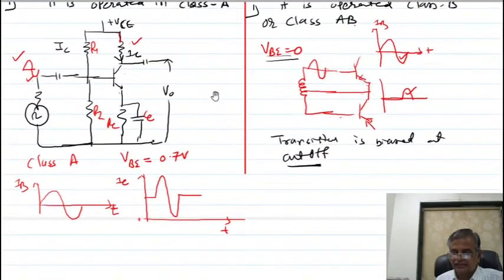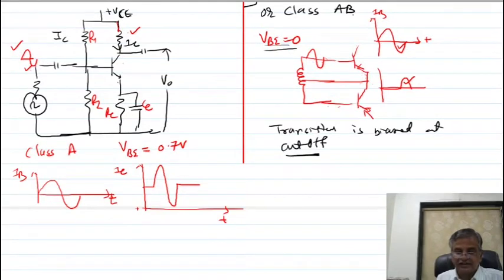For class AB, remember, the collector current flows for more than one half of the AC input cycle, but less than the full AC input cycle.